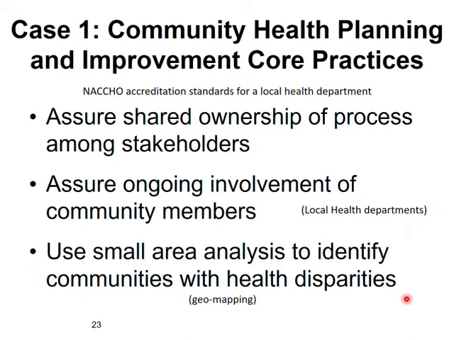You can map it out. So what they did was they mapped out certain areas within their main area to identify if there are certain areas that have less resources and maybe some shortcomings. So that is where geomapping comes in.